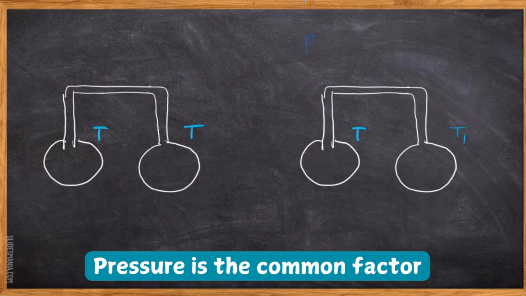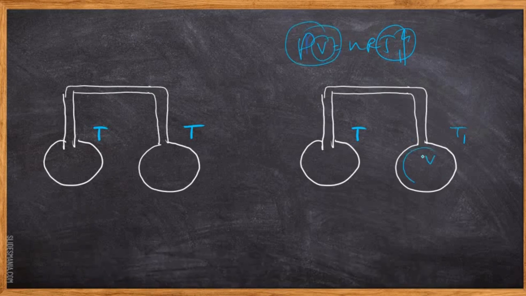Let's apply PV equals nRT here. So what happens if the temperature is increased to T1? In this part, the volume is constant, so the pressure will automatically increase.